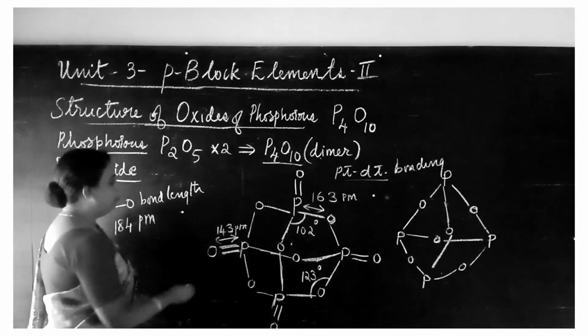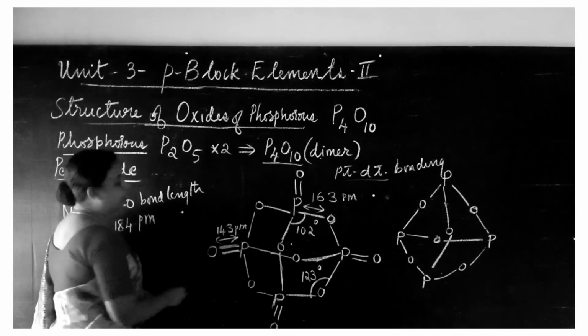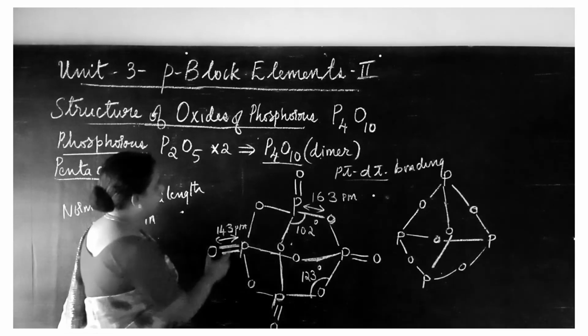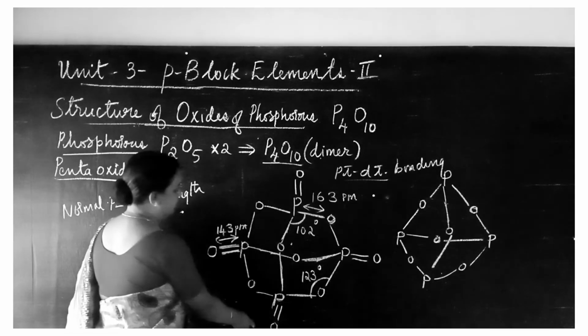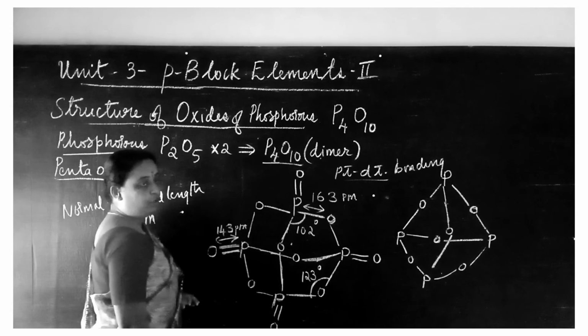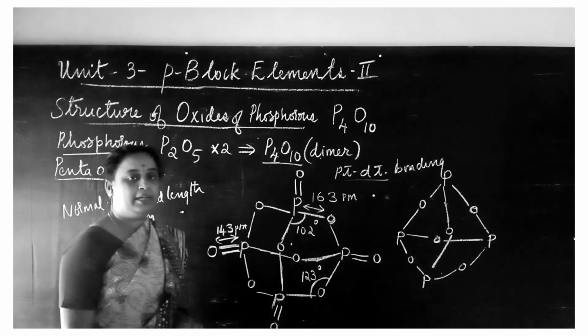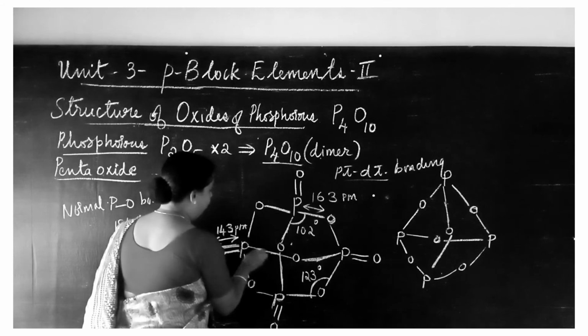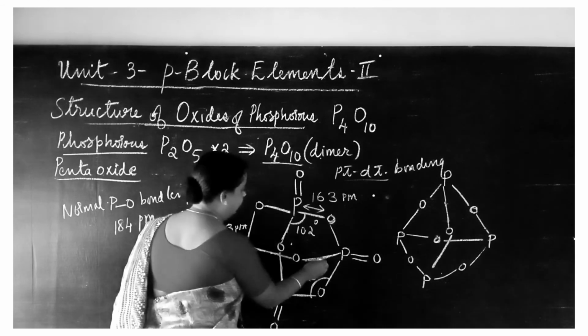Okay, and the bond length of the coordinate bond here is 143 picometer. Yes, so likewise 10 oxygen atoms can be seen here. Even if you don't write the lone pairs, it will not go wrong. So all these bonds should be represented properly and clearly.